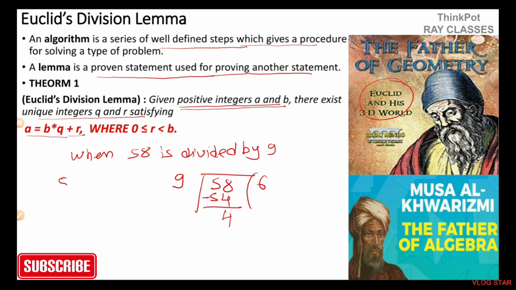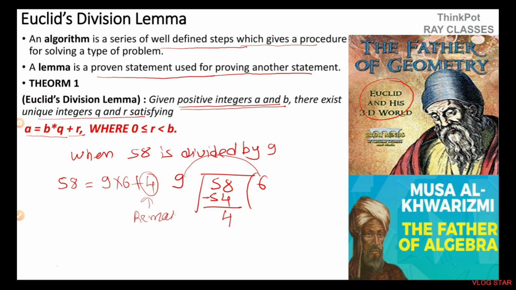So you can see this 58 number can be written as 9 into 6 plus 4, where this 4 is called as what? It is called as remainder. This 4 is remainder of this particular division. So you can see 58 is written as bq plus r. So that's called as Euclid division lemma.